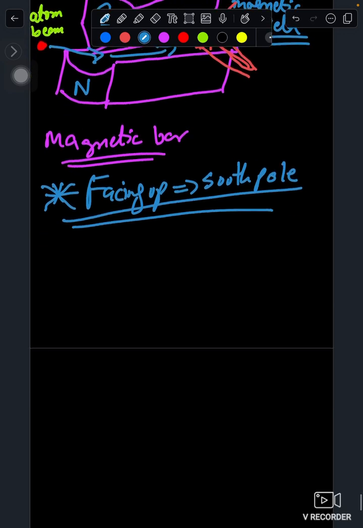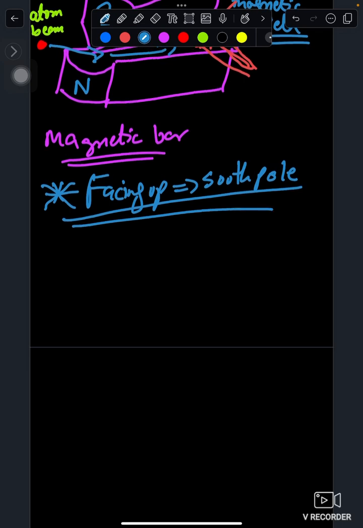Then facing down, with the north pole up, and then at an angle, passing through the apparatus.